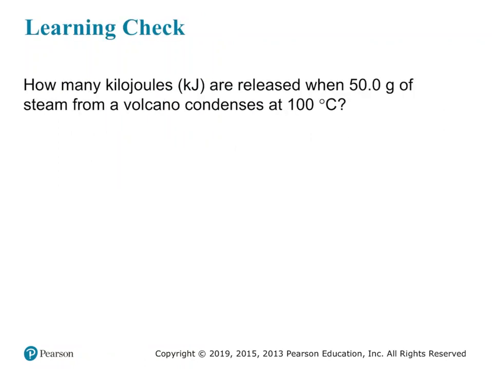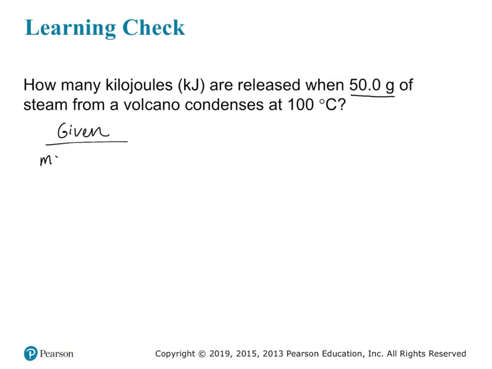Okay, so let's do a practice problem. How many kilojoules, kJ, are released when 50 grams of steam from a volcano condenses at 100 degrees Celsius? Okay, so we're given a couple of values here.